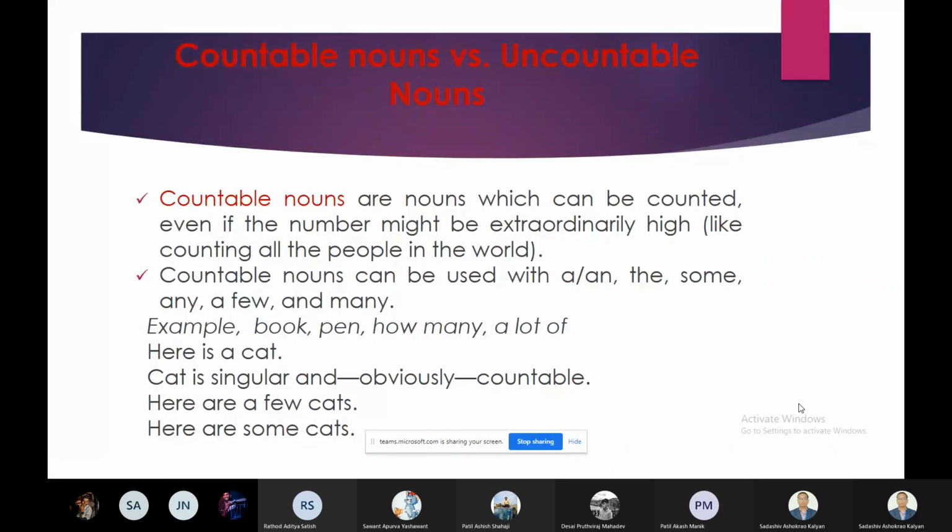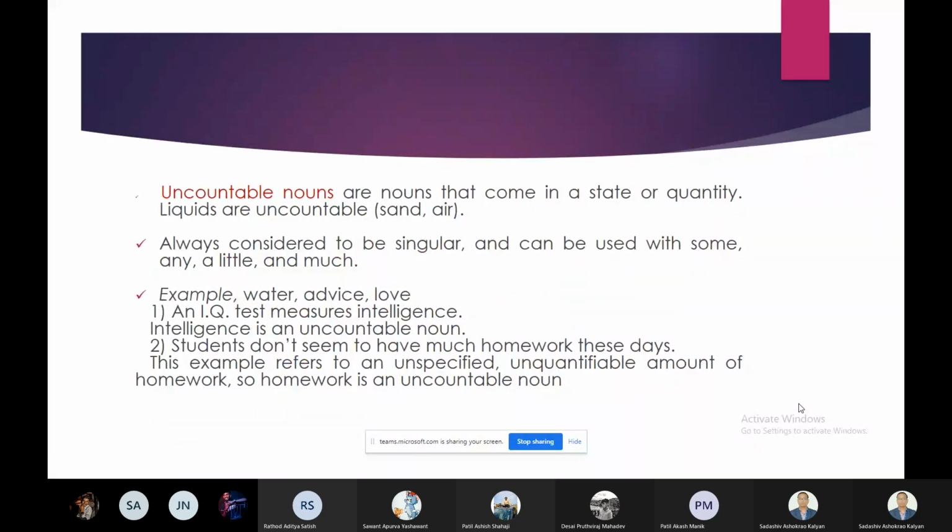And on the contrary, whenever we study uncountable nouns, these are nouns that we are unable to count. They show us a kind of state or a kind of quantity. All liquids are considered uncountable; we cannot count the air, we cannot count the sand.